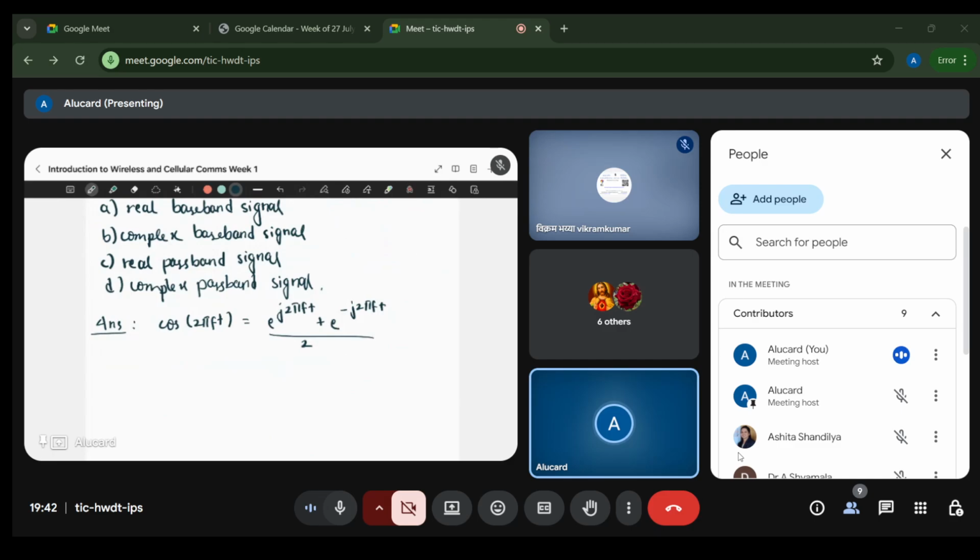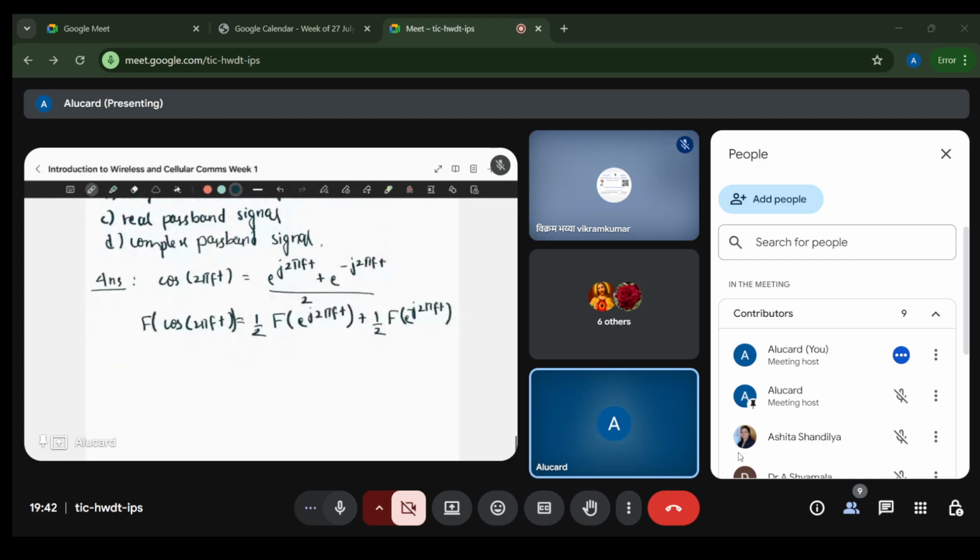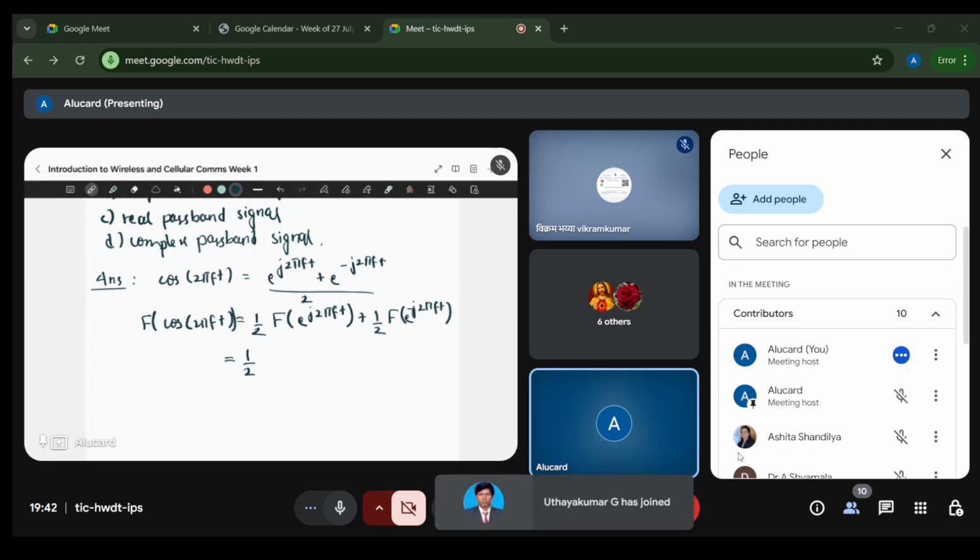Now, if you take the Fourier transform of this, that will be simply the sum of the Fourier transforms. I won't teach you how to do the Fourier transform; you should have learned it in signals and systems. But for a complex exponential, the Fourier transform is just an impulse.